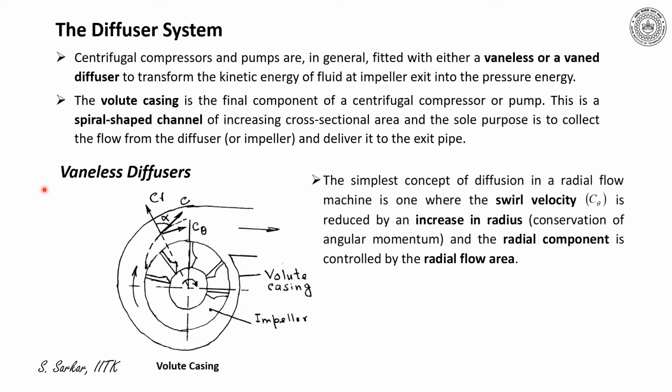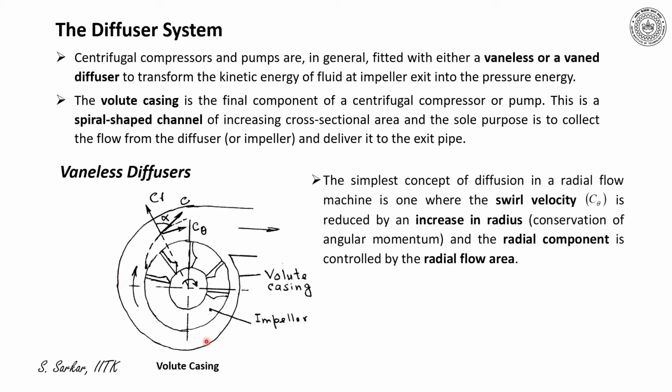The vaneless diffuser is the volute casing, and I have indicated here the schematic of the volute casing with the impeller, where you can realize that the cross-sectional area, or the flow area, in the volute casing gradually increases.